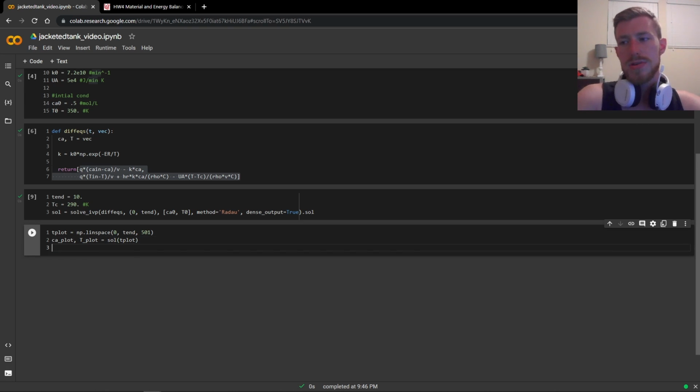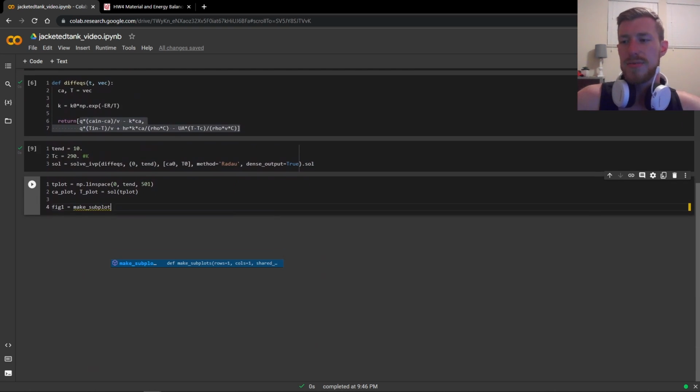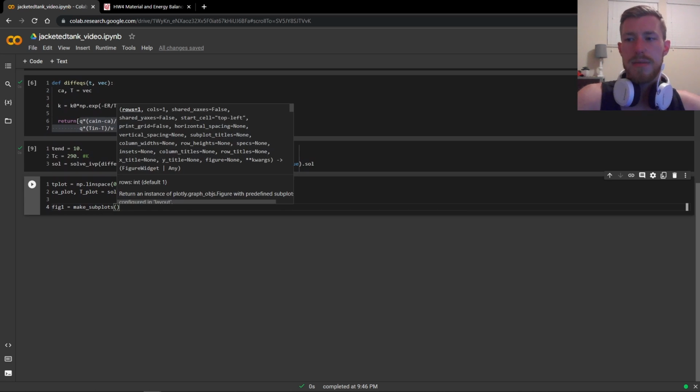So the final thing we're going to do is fig1 is equal to make_subplots, because we've already imported it from Plotly. That's the one thing I almost always mess up. Make subplots.